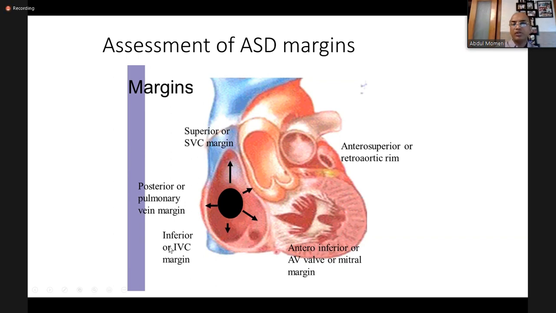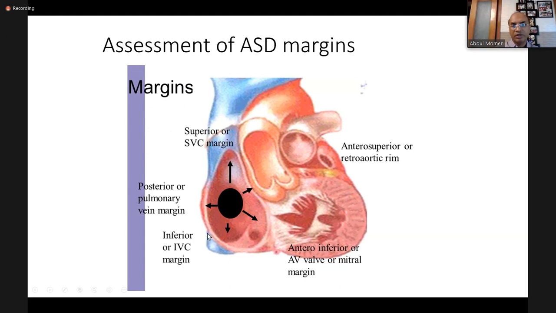The anterior superior rim is the retroaortic rim or aortic rim. These are the names of the margins of the ASD. So during ASD echocardiography, we assess every margin in 2D, transthoracic and transesophageal.